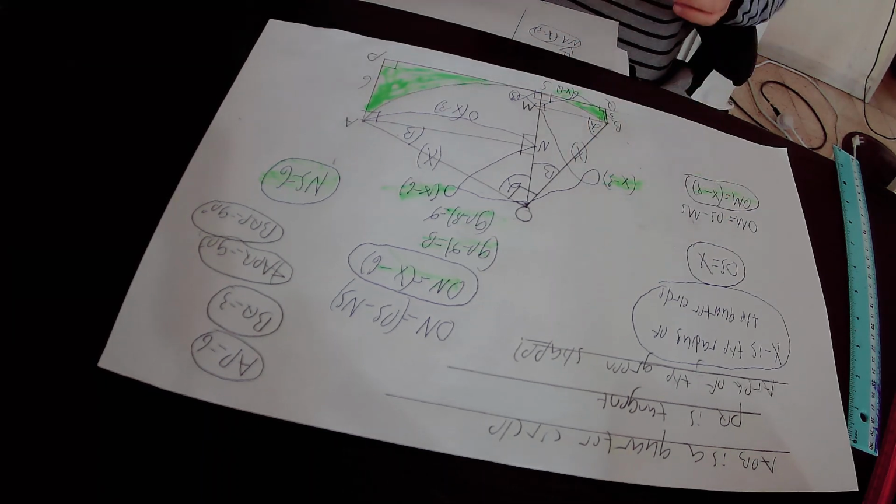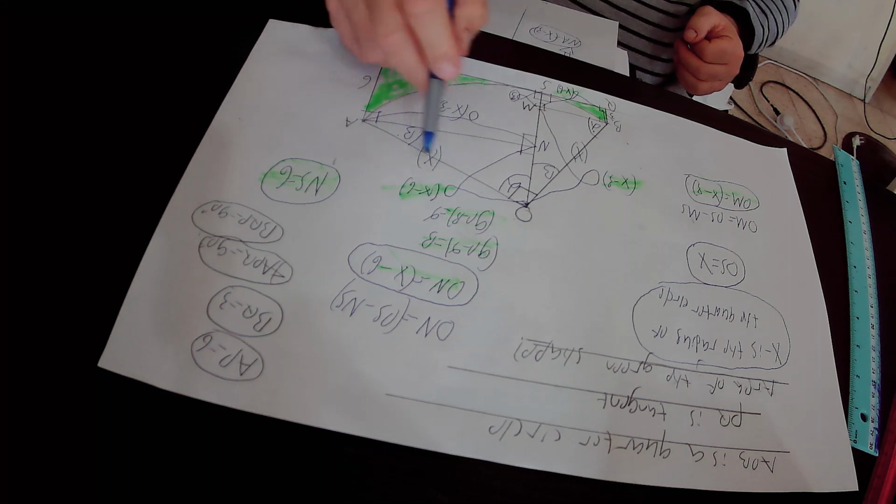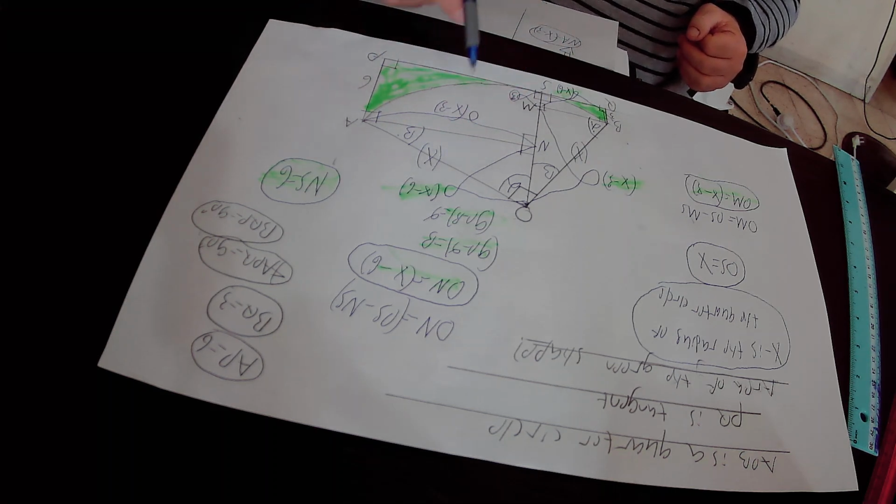So in the next step, I will copy the right triangle ONA in a new page, and we will implement on this right triangle ONA the Pythagoras theorem.